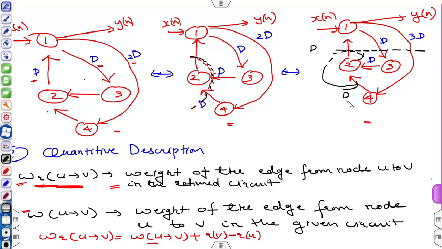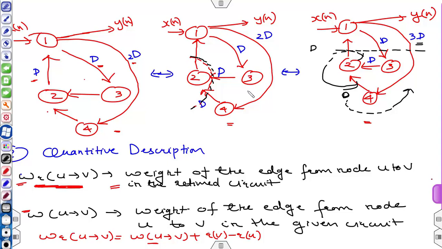As a result there is one delay element at this point and one delay element at this point, and further you have transferred this delay element from the outgoing edge of node 4 to the incoming edge of node 4. So now the delay element is 3D, and finally at this point there is 0 delay element.